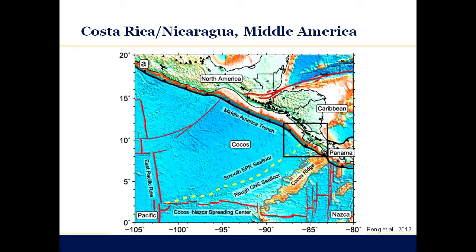The interesting thing is that this yellow line marks the boundary between this oceanic lithosphere formed along Cocos-Nazca and this oceanic lithosphere formed along East Pacific Rise. This means there's age differences set up across this boundary, and the Cocos-Nazca lithosphere in particular has passed over what's just off this map, which is the Galapagos hotspot.